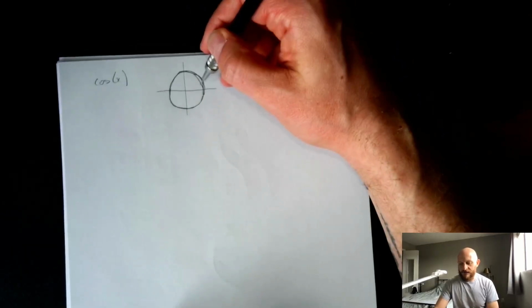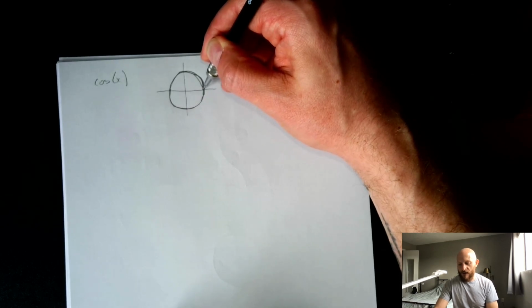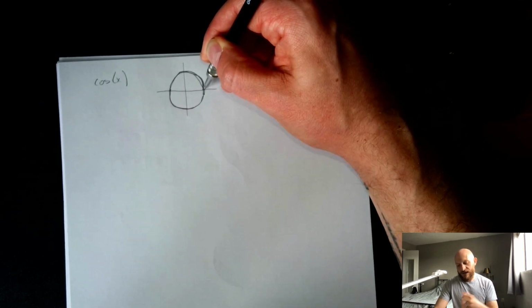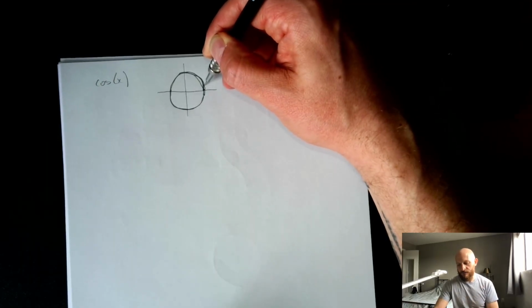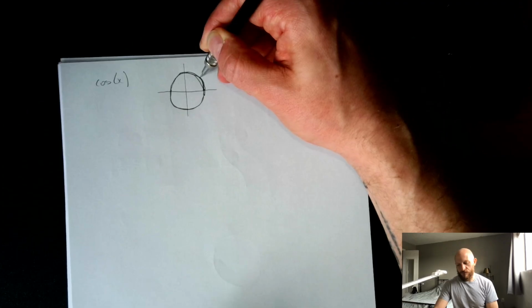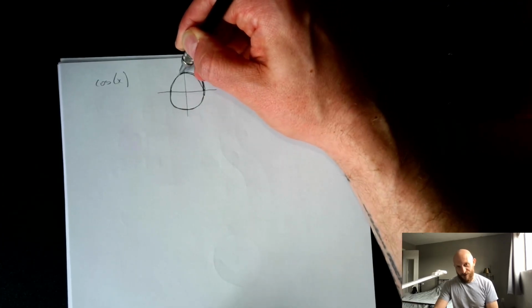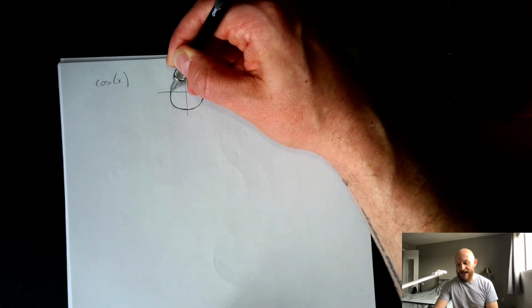And that arc is this top piece, right? So if we think about a point starting right here on the x-axis and moving counterclockwise around the circle, and think about cosine at each of these points: cosine of pi over 6 is √3/2, √2/2, 1/2, 0, -1/2, -√2/2, -√3/2, -1.